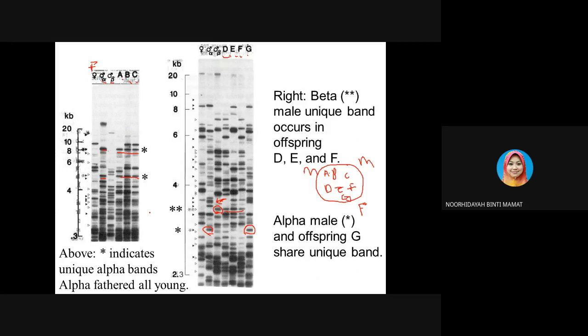From this result, chicks A, B, C, and G belong to the alpha male, and the offspring D, E, F were fertilized from the eggs by the beta male. But the dunnocks of course don't know which ones are their young. So this is the experiment from us humans, right?